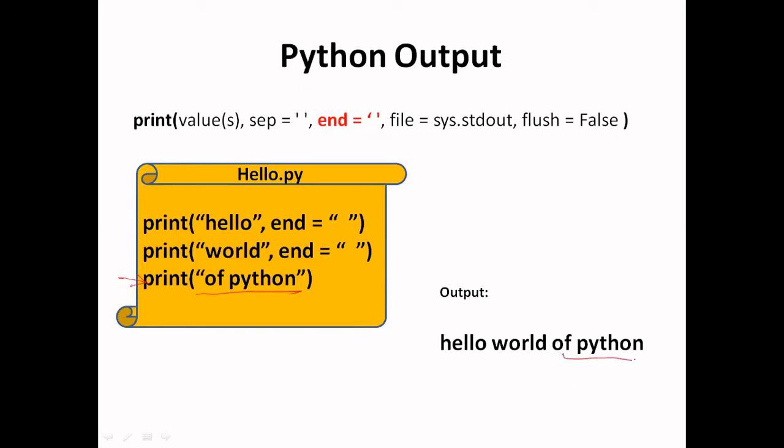Because we have not written anything for this third print statement, its default value will be slash n here. So the cursor will move to the next line. So this is the output.